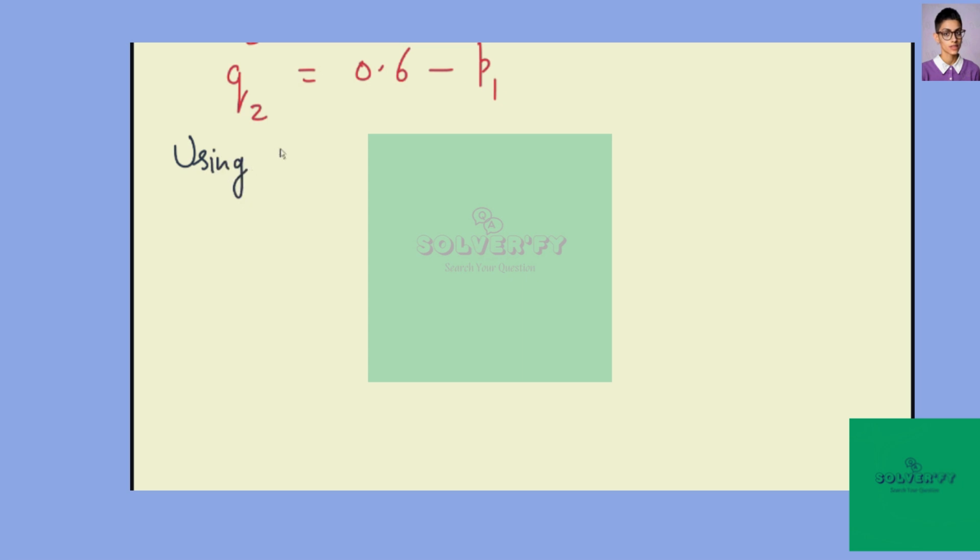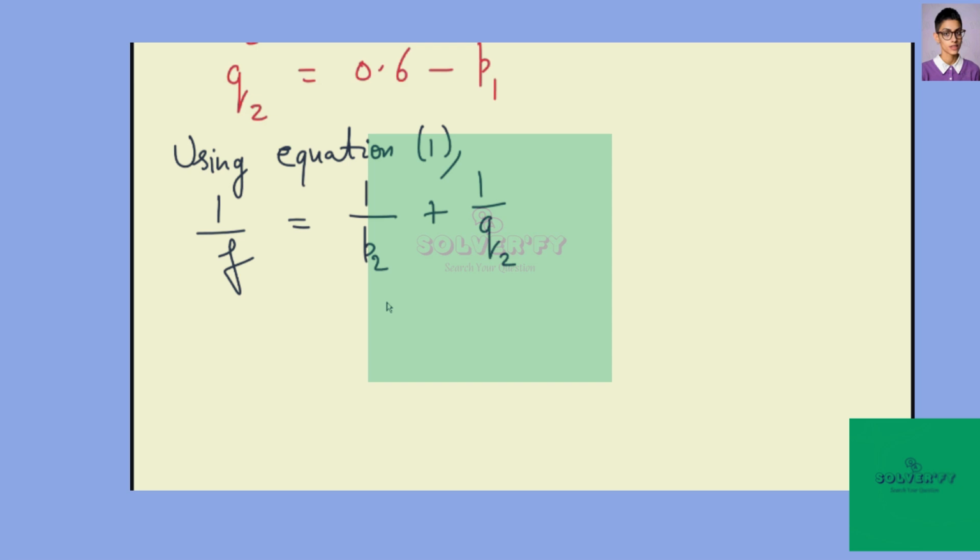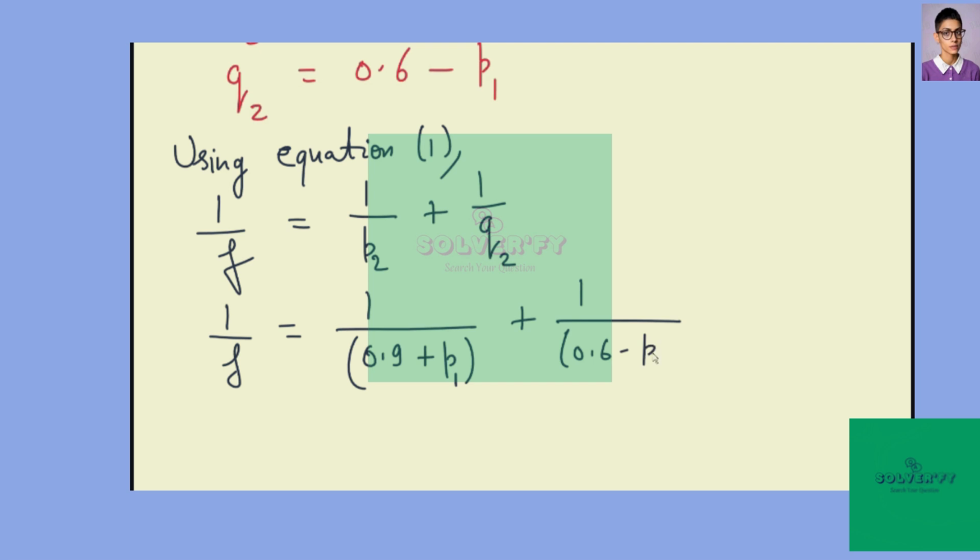Now using equation 1, we get 1 divided by F equal to 1 divided by P2 plus 1 divided by Q2. Now here, on putting the values of P2 and Q2, we get 1 divided by F equal to 1 divided by 0.9 plus P1 plus 1 divided by 0.6 minus P1.